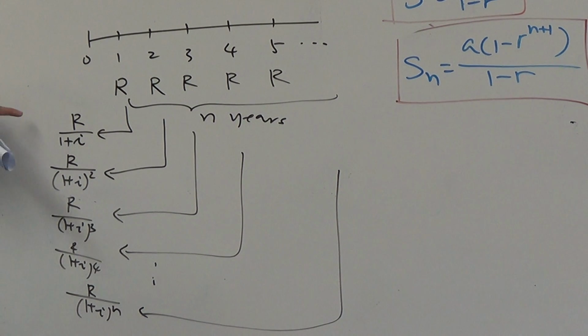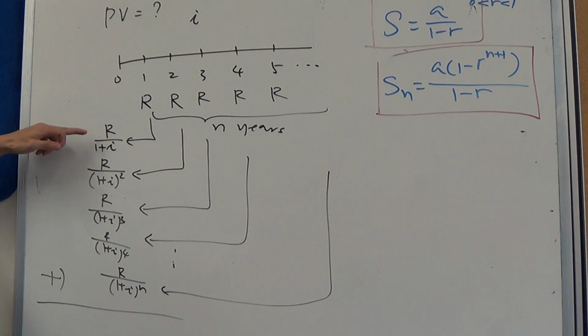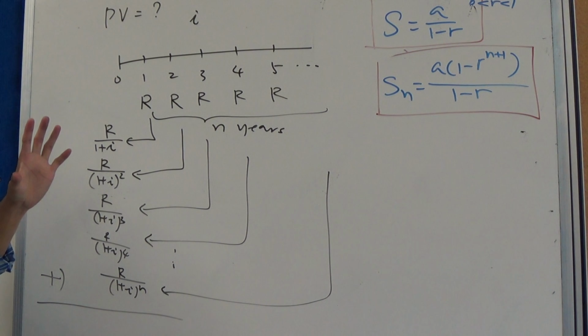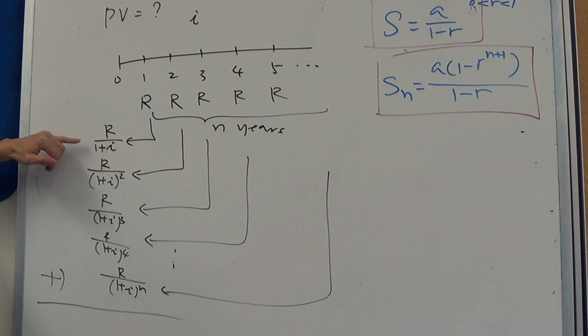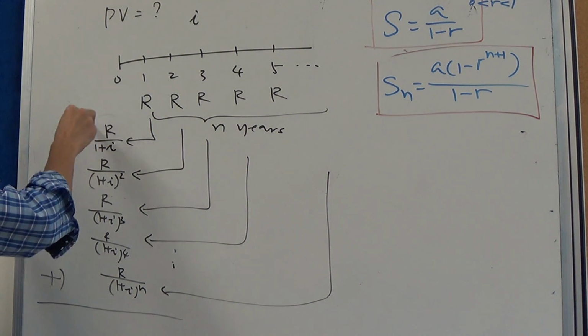Okay, then we want to sum them up. We want to sum this term, this term, this term, this term up. So there are n terms. Now let's observe the pattern. Let's observe each term. What kind of pattern can we observe? So the first term is this term.